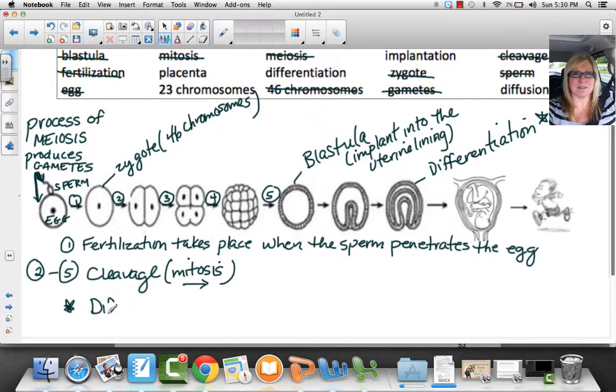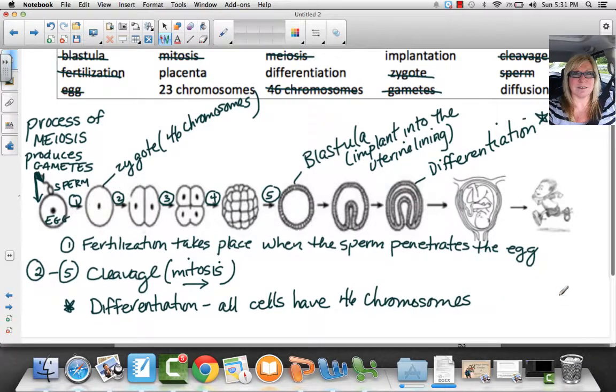And please remember with differentiation, all cells have 46 chromosomes each, but they only use the information they need.